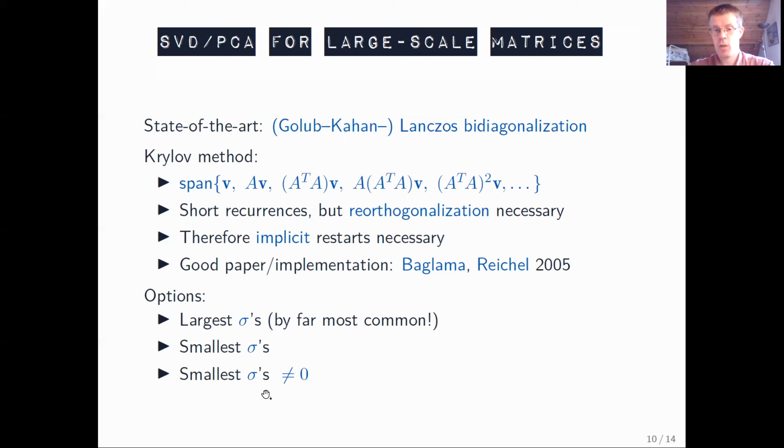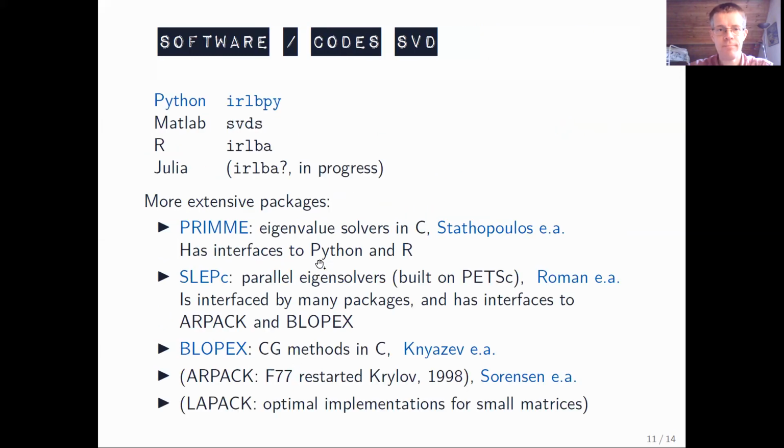Sometimes there's this option of smallest but non-zero, and that's computationally a much harder problem. The largest singular values are at the exterior of the spectrum of these matrices, and this is often much easier than the interior of the spectrum, and that's where these others are.